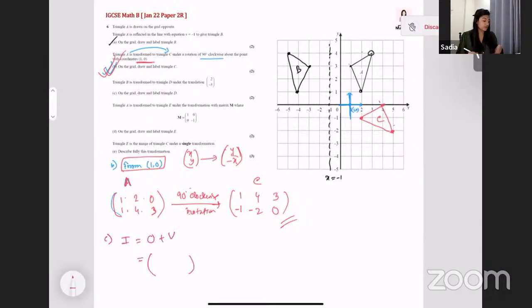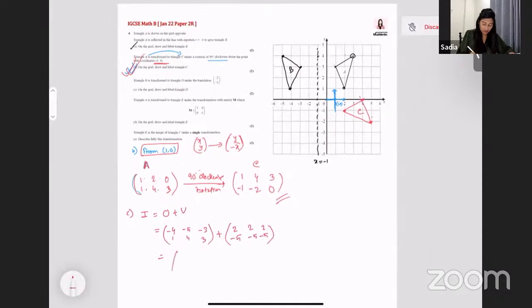Object is the coordinates of triangle B. So it's minus 4, 1, then minus 5, 4, and then minus 3, 3. And the vector, you need to write it thrice: 2, minus 5, 2, minus 5, 2, minus 5. If you simplify this, you will get the coordinates minus 2, minus 4; minus 3, minus 1; minus 1, minus 2. And this is the coordinates for triangle D.